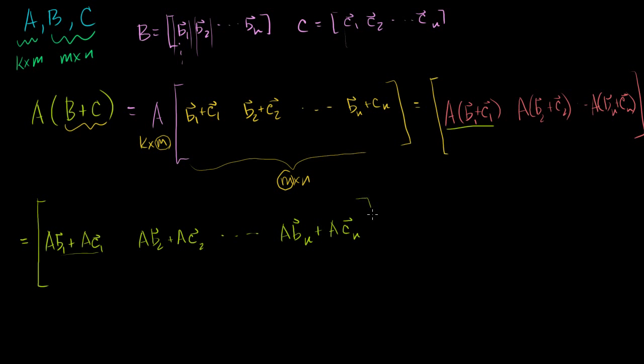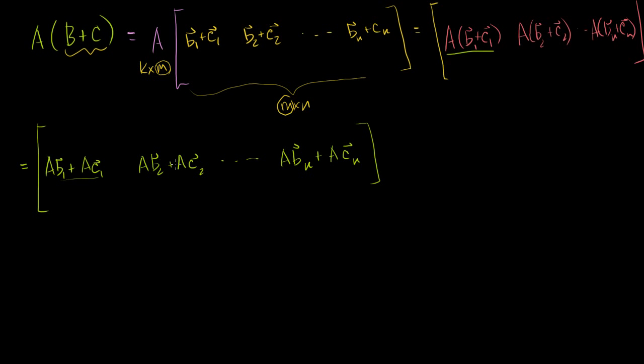Now, we can write this matrix as the sum of two different matrices. So what is this going to be equal to? This is equal to A B1 as the first column, A B2 as the second column, all the way to A Bn as the last column.